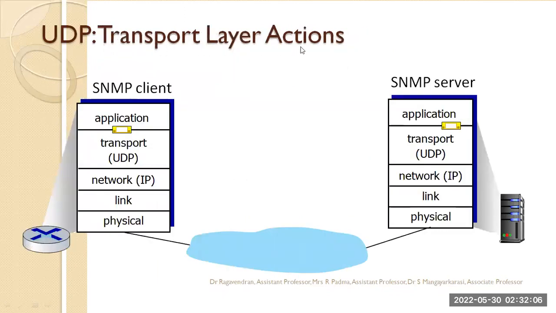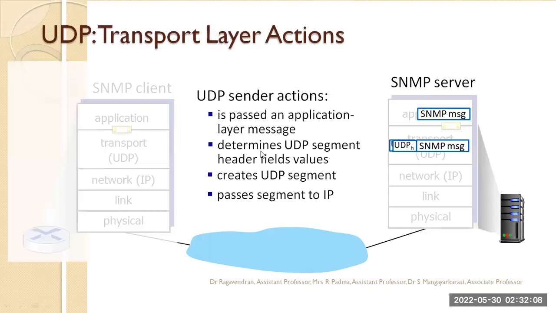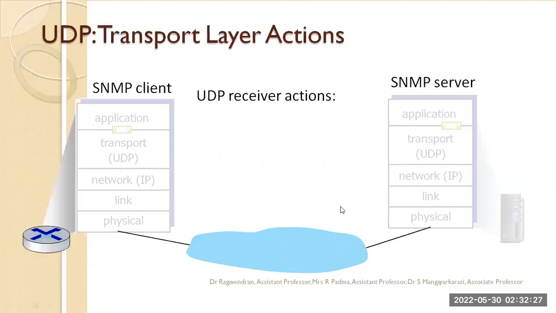So, transport layer actions. The UDP sender's action: it is passed an application layer message, determines the UDP segment header field values, creates the UDP segment and passes the segment to IP.